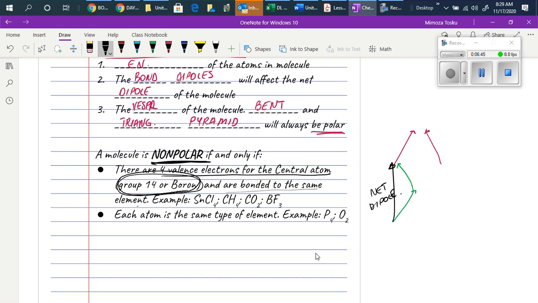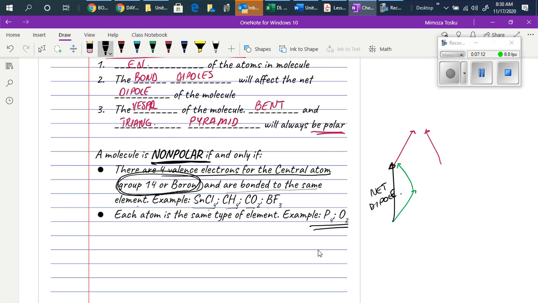So in general there will be 4 elements bonded to the same central atom. Examples are SnCl4, methane, carbon dioxide, and boron trifluoride. And then the molecules made of atoms of the same type of element, pretty much the polyatomic elements.